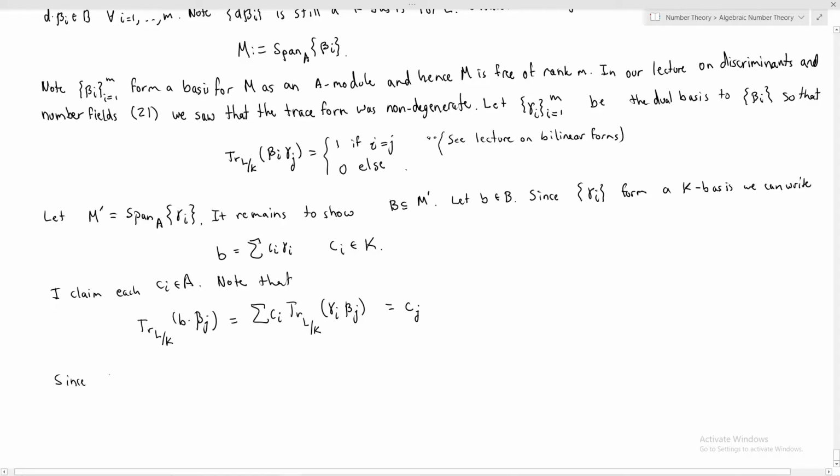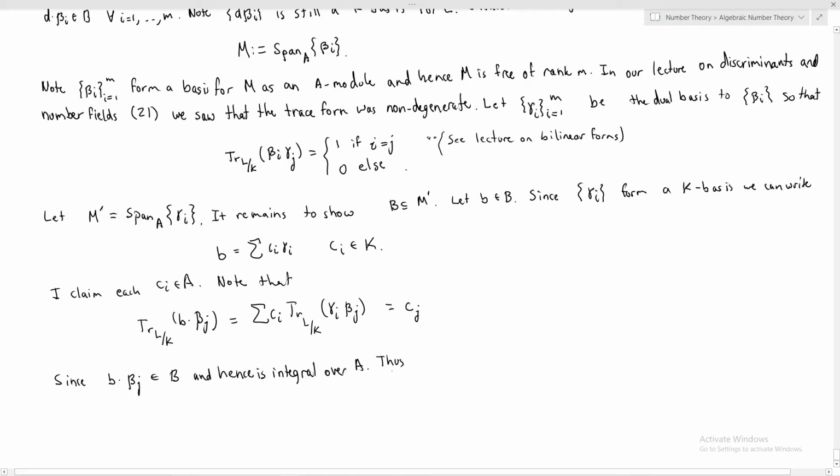Since b times beta sub j is certainly in B, it is integral over A. Thus, the trace is integral over A as well.